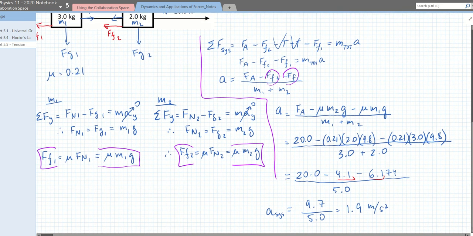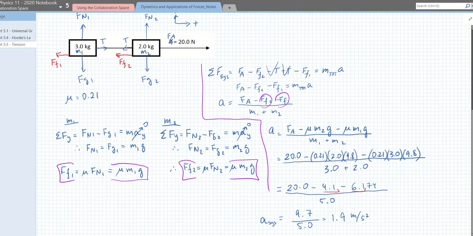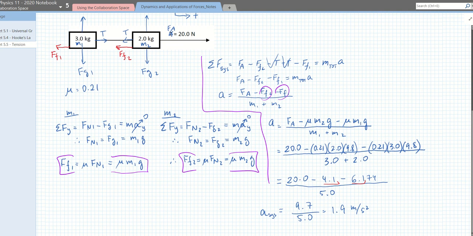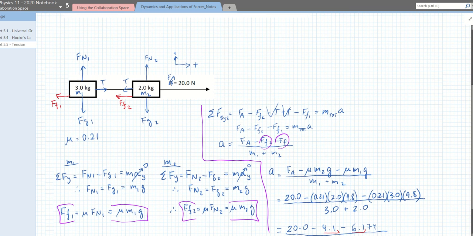Right, so that's our acceleration for question 4. Let's see, 1.9. So we got that right. So again, the only difference between number 3 and number 4 is that we added the friction force, and because it's not given as a number, you have to calculate it, so you need to write the Fnet for the Y for each of the masses to find the definition for the Fn1, Fn2, and then get your force of friction.